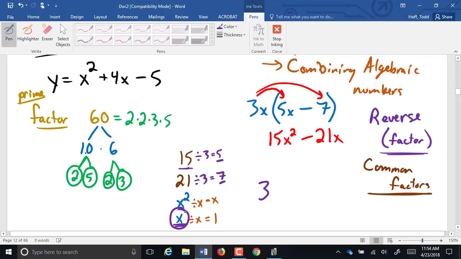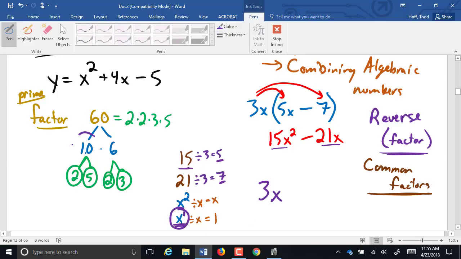So this is x squared. Think of this as x to the 1. 1 is smaller. So x is, for the variables, our greatest common factor. So the greatest common factor of these two terms, the 15x squared and the 21x, technically negative 21x, is 3x.